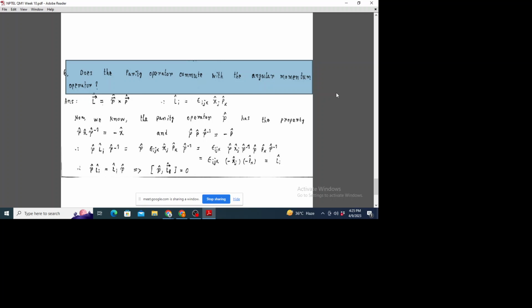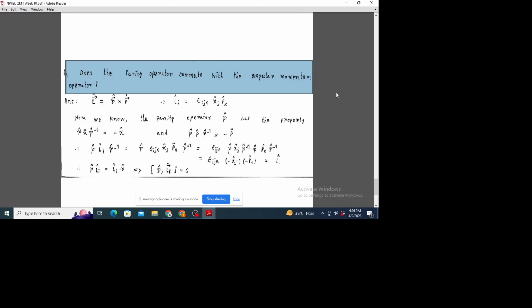So this is from the knowledge of classical mechanics. And that is why, since L is a vector but it does not change sign under parity, L is called a pseudo vector. A vector that changes sign under parity is a real vector.